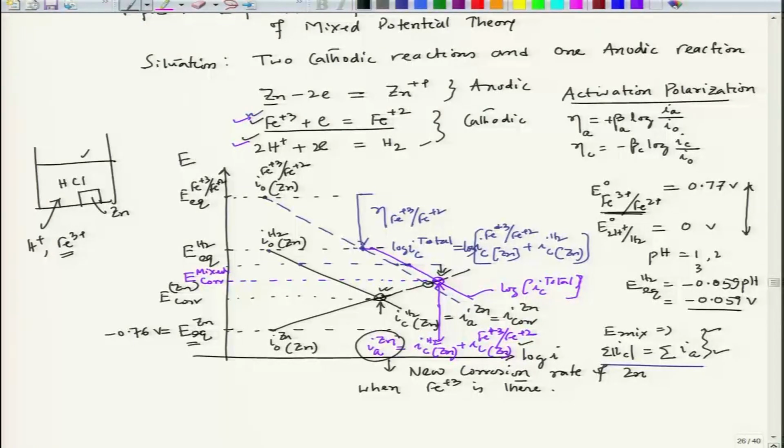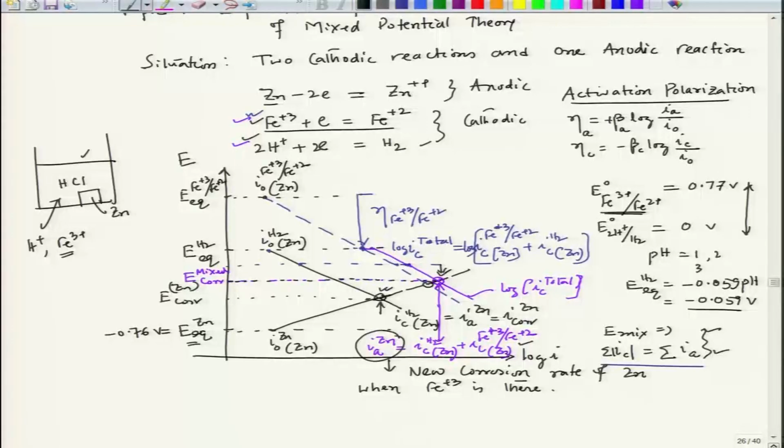Now, the interesting part here: if we see the new mixed potential when we have impurity in the form of Fe plus 3, I need to see the hydrogen evolution on the zinc surface. What was the hydrogen evolution rate when there was no impurity?